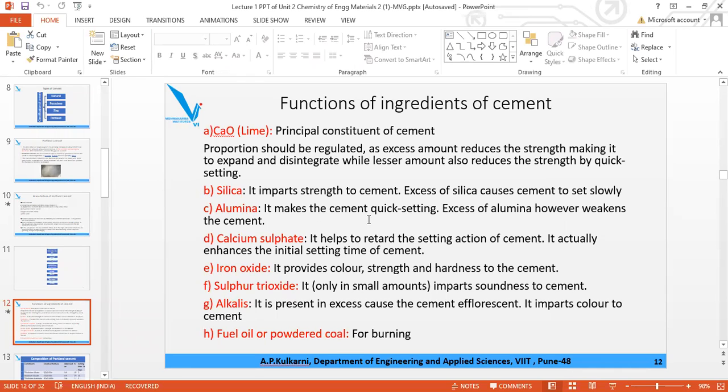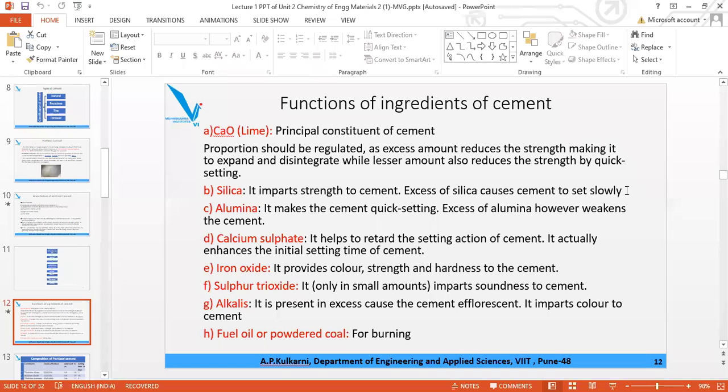Silica, SiO2, is also important for the strength, and excess of silica causes the cement to set slowly. What is setting? I'll tell you in detail later in today's lecture itself. When you take a cement paste, you add the water. After adding the water, the time taken to form a rigid, thick paste is called setting time.